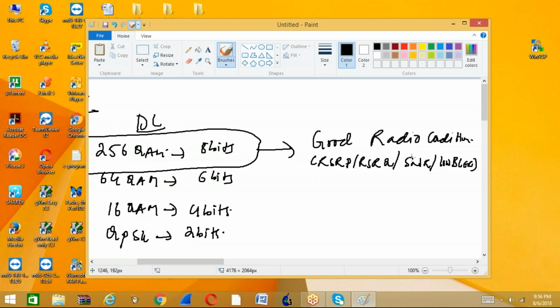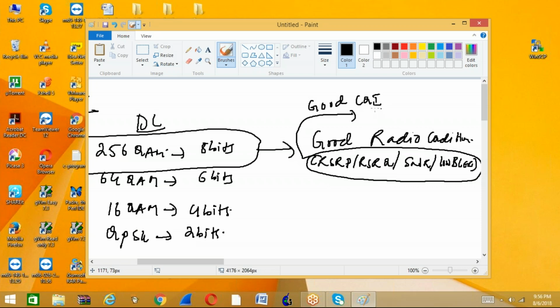So when these are good, ultimately in these good radio conditions, they're using this modulation technique. Ultimately, this will lead to good CQI reporting. In downlink, you could receive all this.